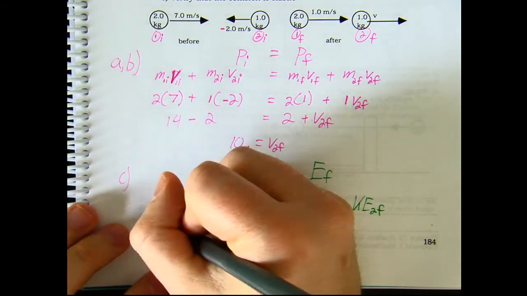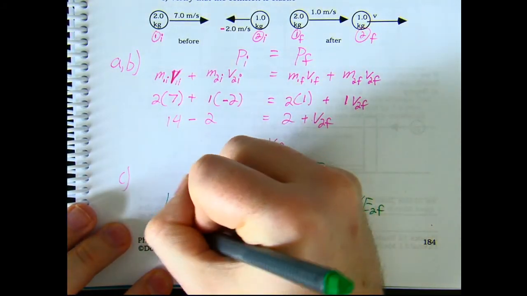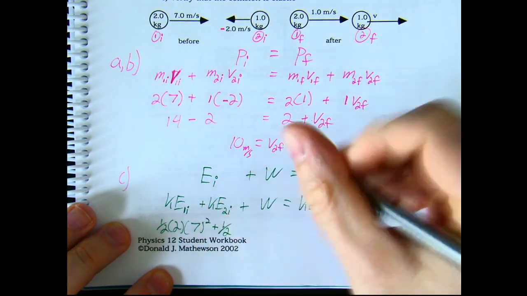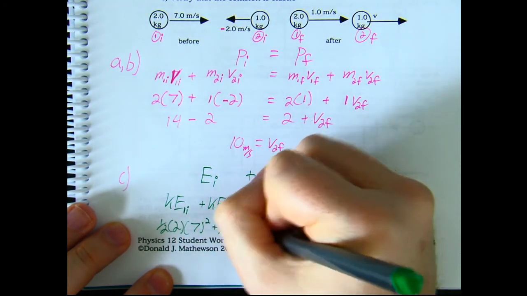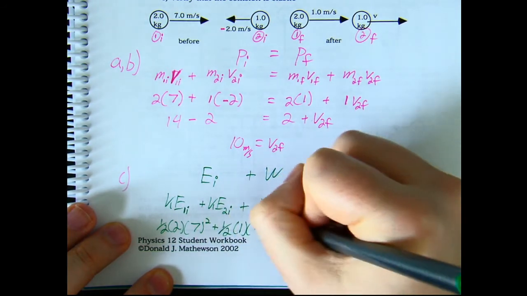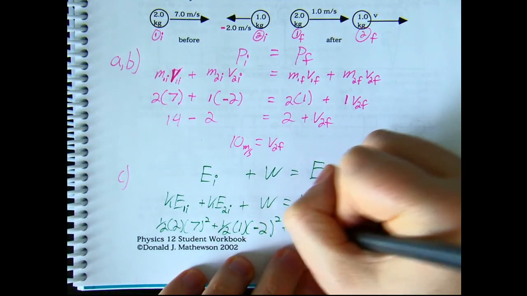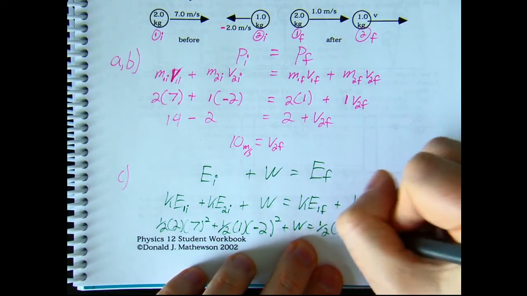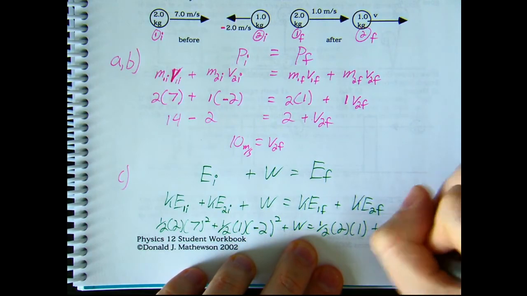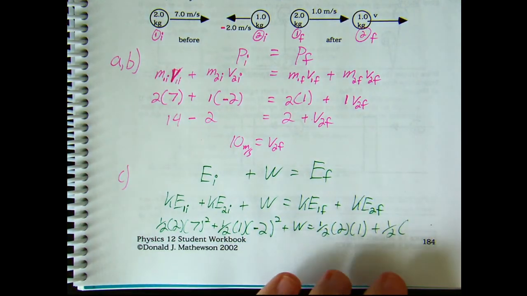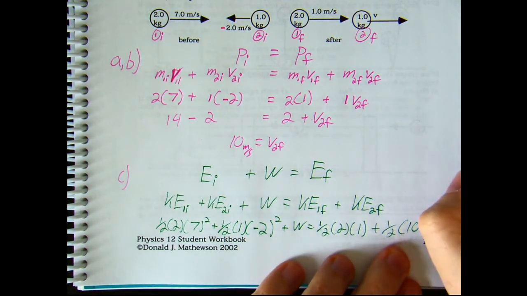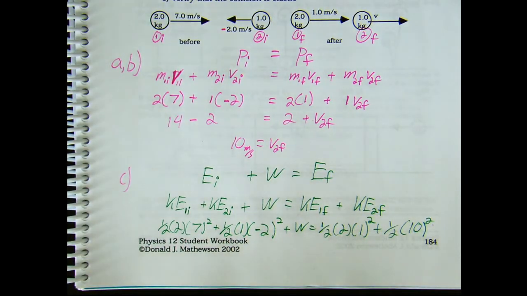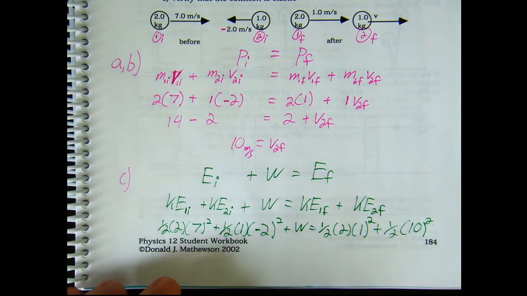So I'm going to get 1/2 times 2 times 7 squared, plus 1/2 times 1 times negative 2 squared, plus work, equals 1/2 times 2 times 1 squared plus 1/2 times 1 times 10 squared. Actually, it should be 1 squared. So let's do this.